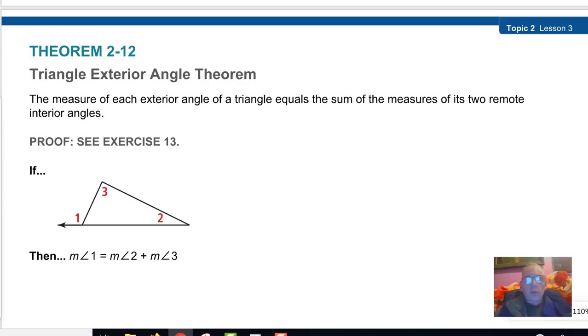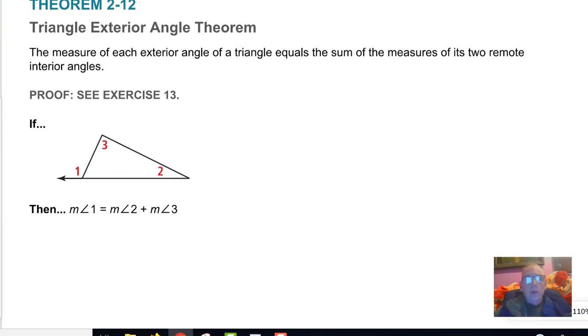Our theorem 2.12, the triangle exterior angle theorem. The measure of each exterior angle of a triangle equals the sum of the measures of its two remote interior angles. Okay, so this kind of works out like this. The proof is going to be exercise 13, but here's kind of how the argument goes.